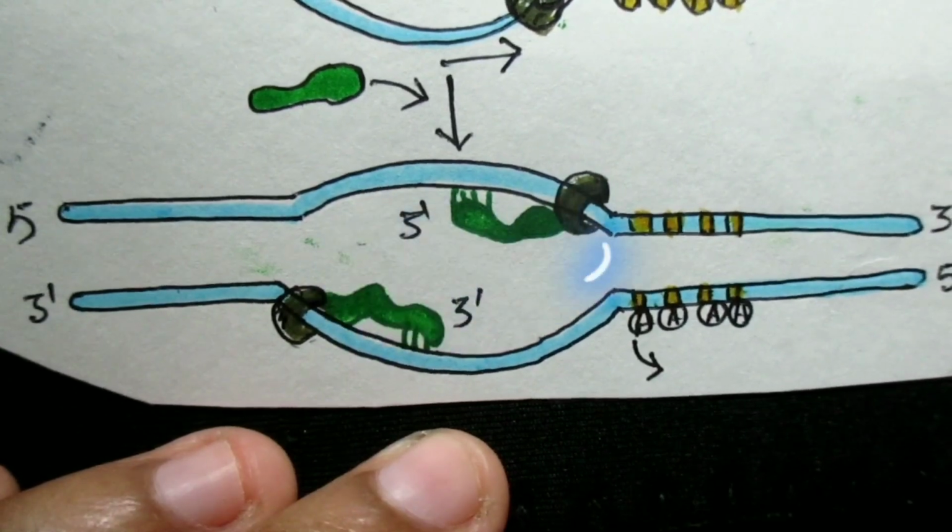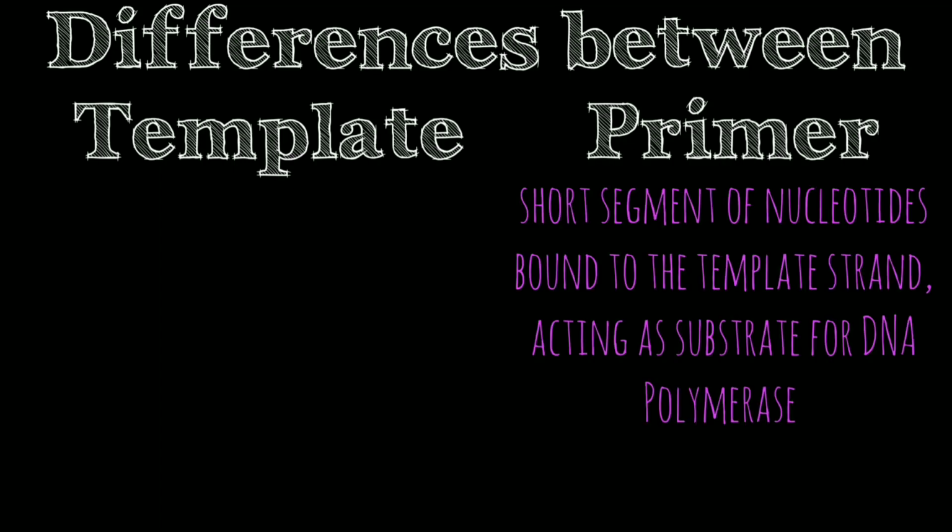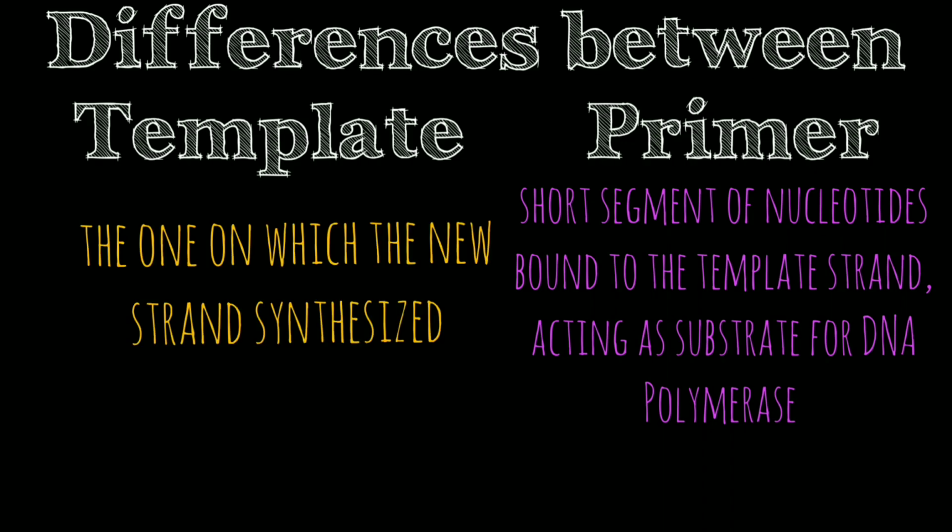Here, we need to understand the differences between template and primer. A primer is a short segment of nucleotides bound to the template strand. The primer acts as a substrate for DNA polymerase, which extends the primer and synthesizes a new DNA strand, whereas the template is the one on which the new strand is synthesized according to complementary base pairing.